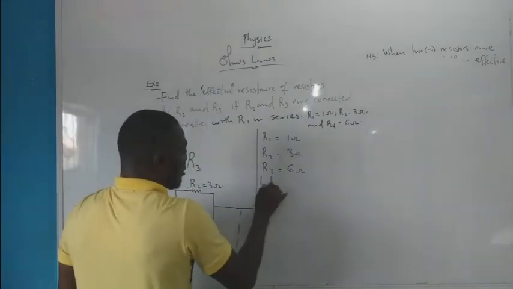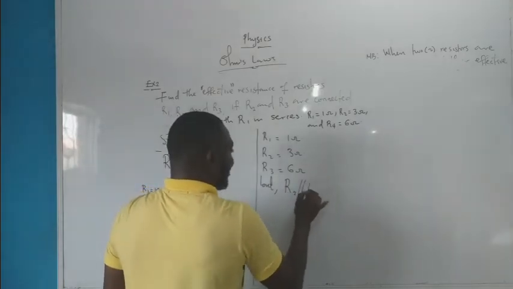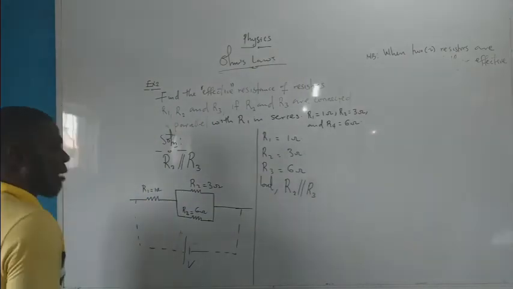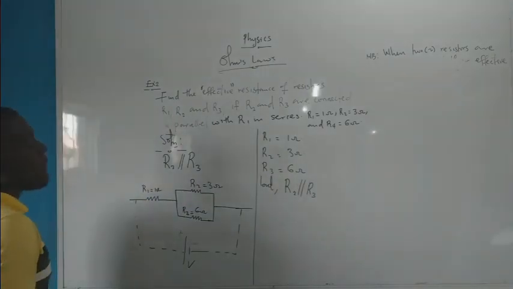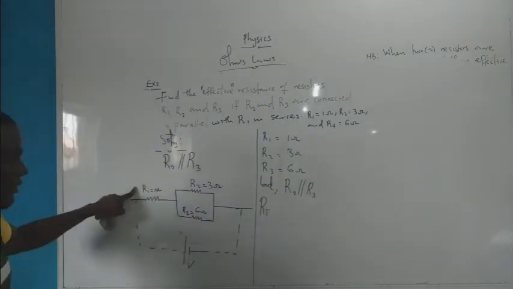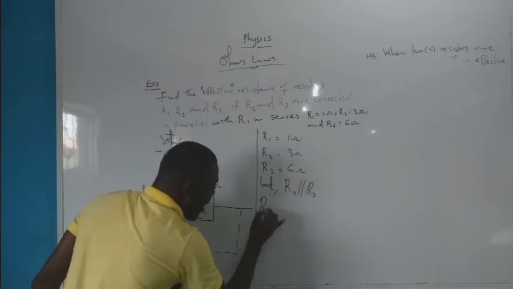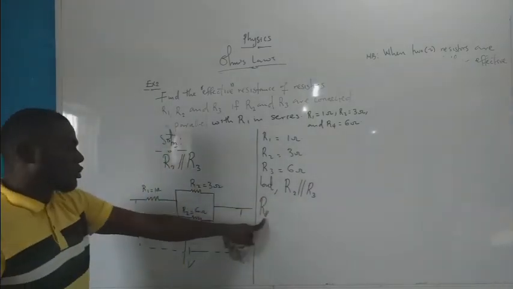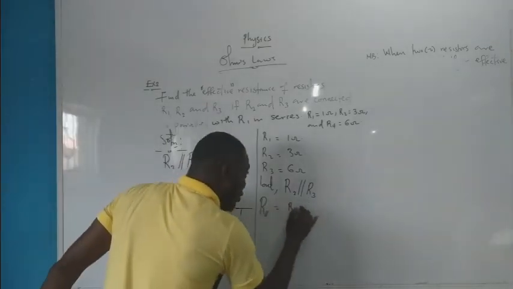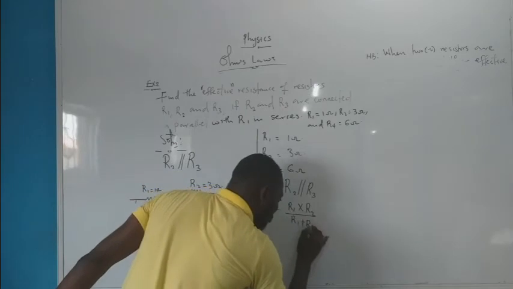But R2 is parallel to R3. This is the sign for parallel. They are parallel. So we can have R total, not the effective now, R total for parallel. The total resistance in parallel will be R1 times R2 over R1 plus R2.